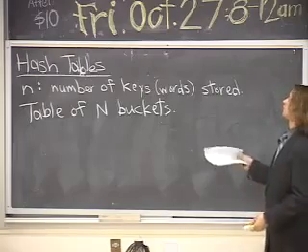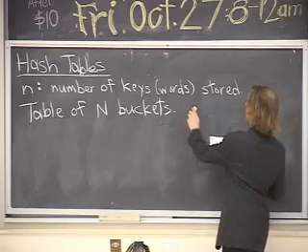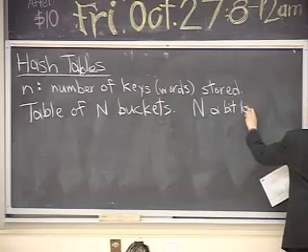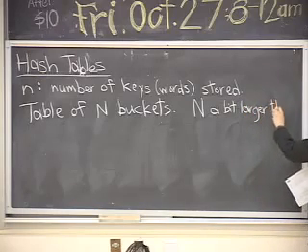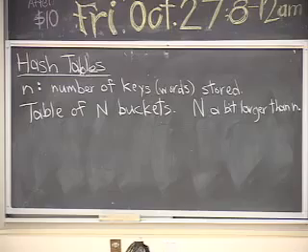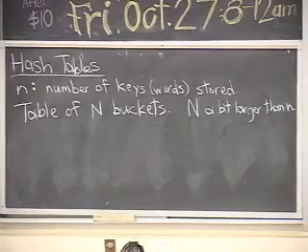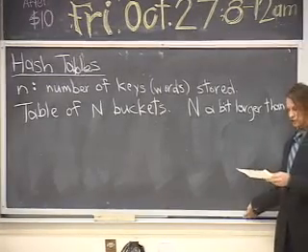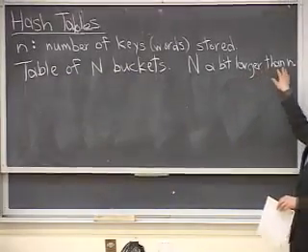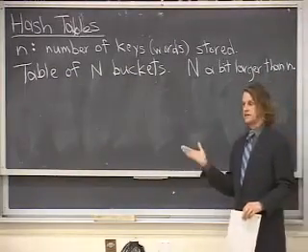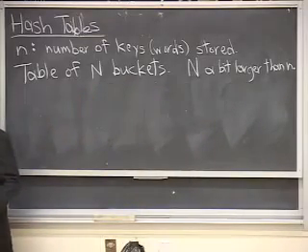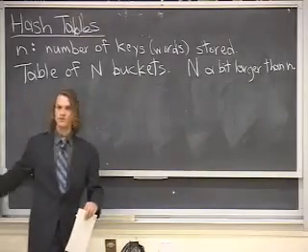But what we're going to do is make big N a bit larger than little n, say roughly the same size, maybe 20% bigger. It doesn't really matter, as long as it's in that range. So big N, the number of buckets, is a bit bigger than the number of things we want to store, but it's way, way smaller than the possible number of keys we could store.